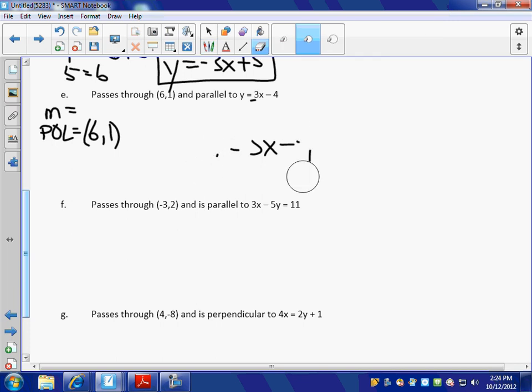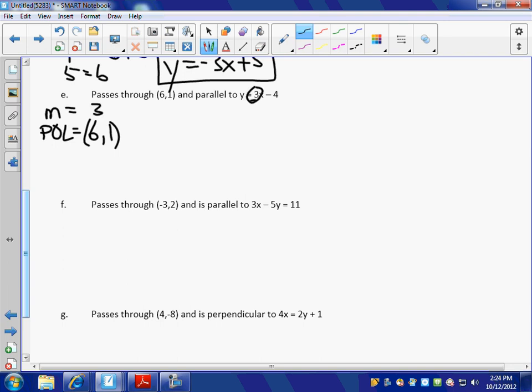No. The only way that y equals 3x minus 4 is useful to us is the 3. That's the only thing that's valuable. Forget about the rest. I want to make sure that people understand that the y-intercept doesn't mean anything here.